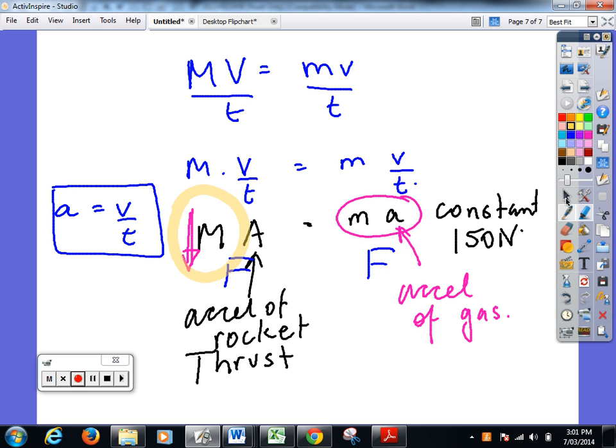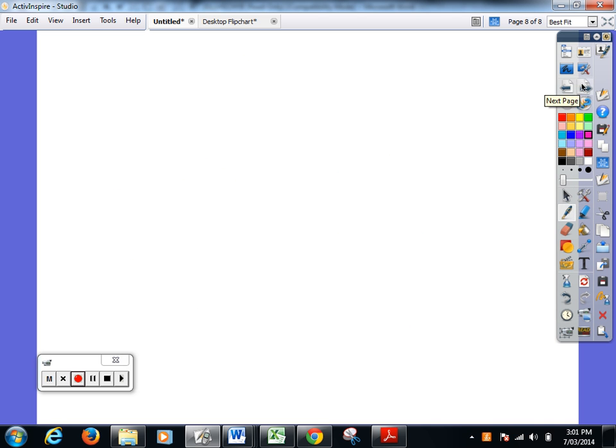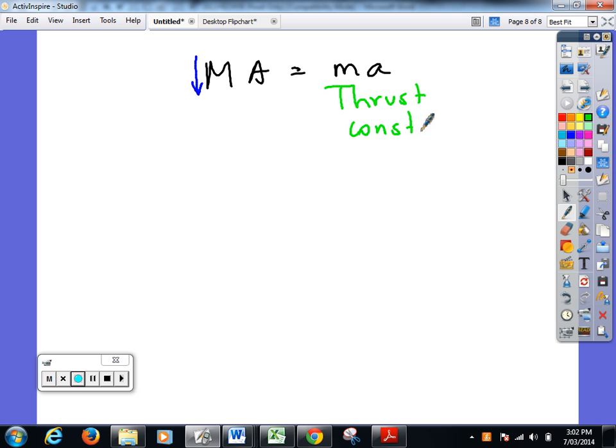So just tidying this up, if I've got capital M, capital A equals little m, little a, and I know that this m here is decreasing, and I know that this is the thrust, and it is constant at 150 newtons, then what must be happening to the acceleration of the rocket? This must increase to keep this side as a constant.